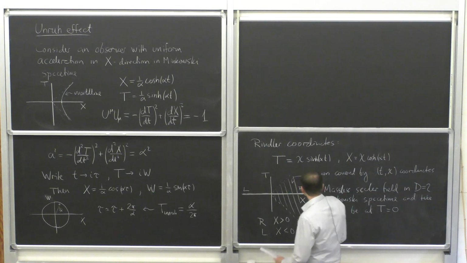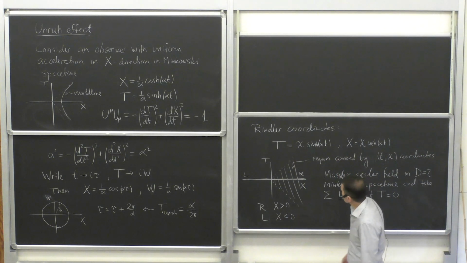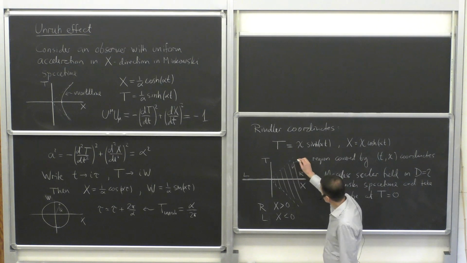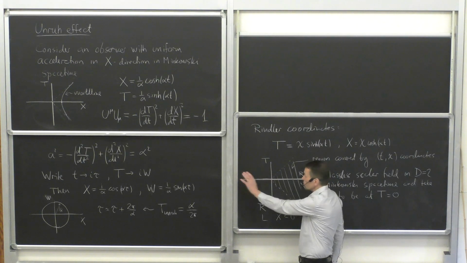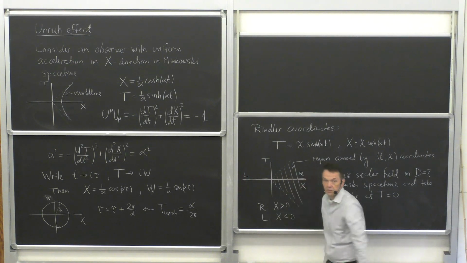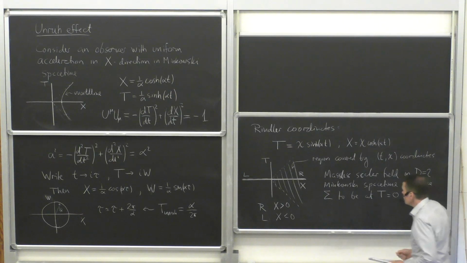And of course, this is ultimately where the Unruh effect is going to come from, because if I insist on only using this right-hand wedge, then I will need to trace over degrees of freedom here on the left, and that's going to lead to a thermal density matrix over here. But let's see how that works in a little more detail.